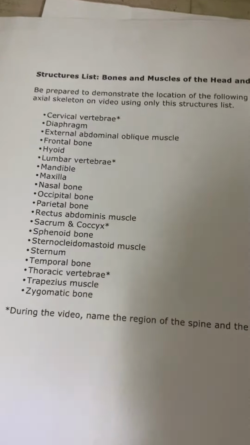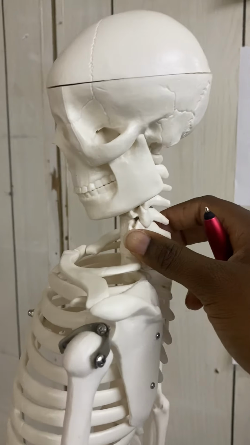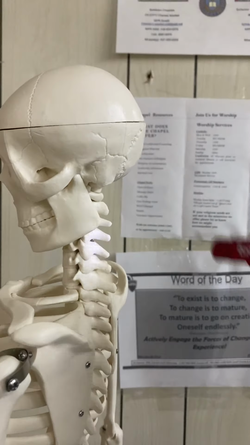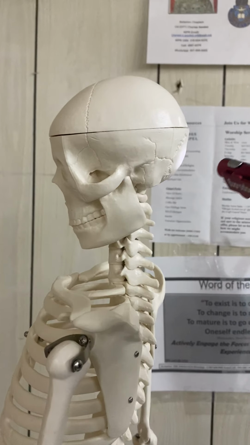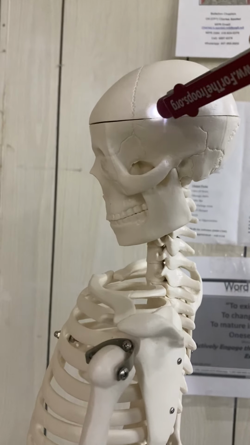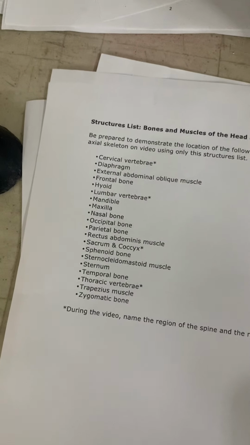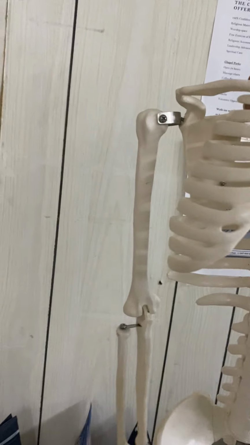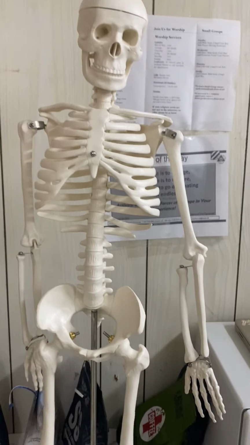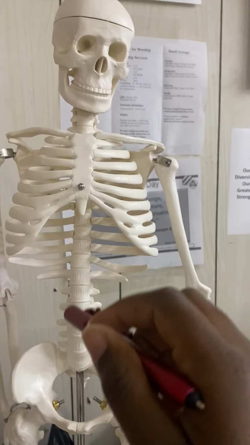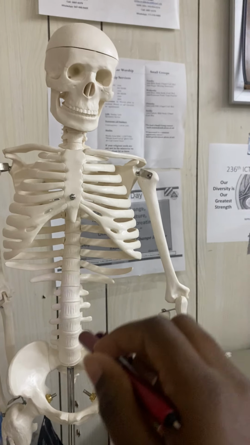The next one is occipital and parietal. You got your occipital, parietal. The next one is rectus abdominal muscle and the sacrum and coccyx. So you got your rectus abdominal muscle, kind of looks like a 6-pack, but that muscle goes right over here.